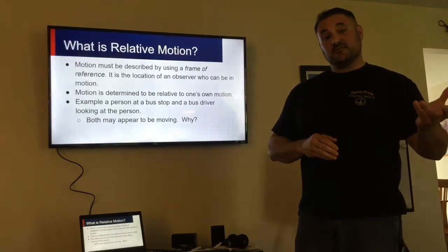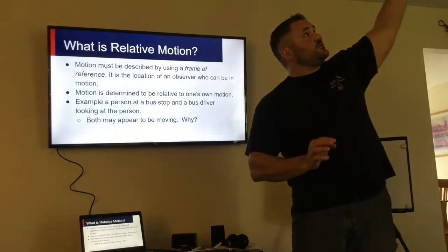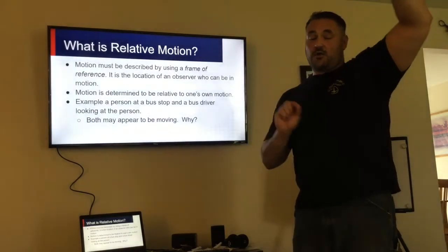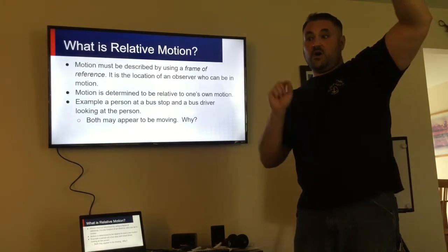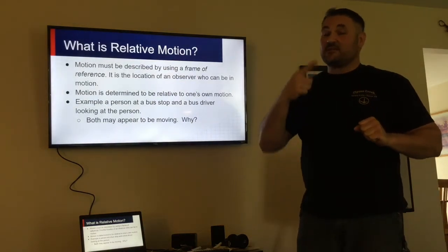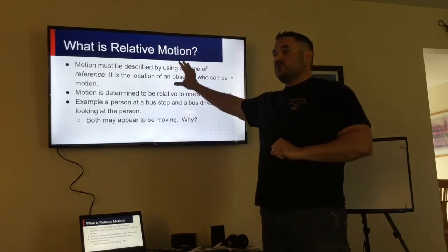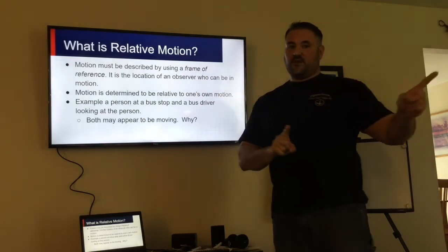You can't see it. If you look up into the night sky, it looks like the stars are moving, and they are. But also, at the same time, the Earth is rotating. Technically, we are too. So when you're observing motion, you must make it relative to the frame of reference.